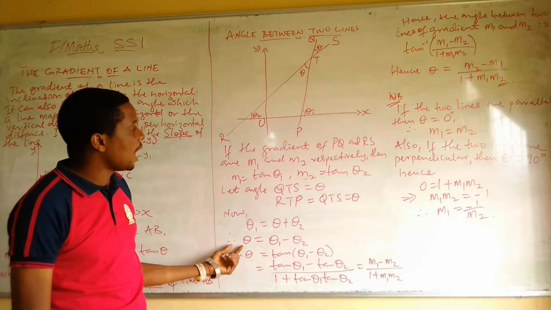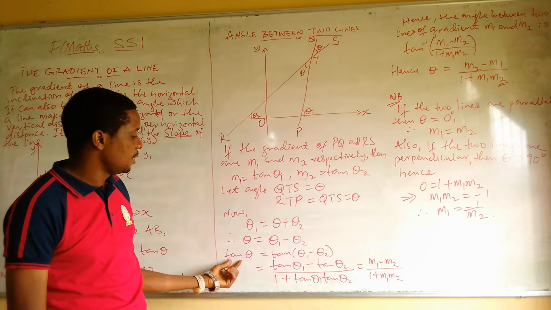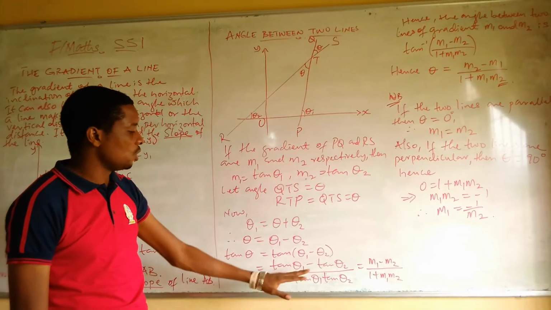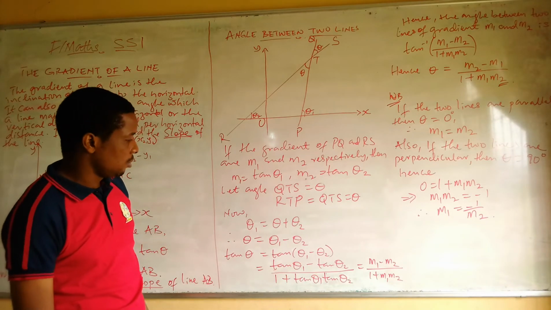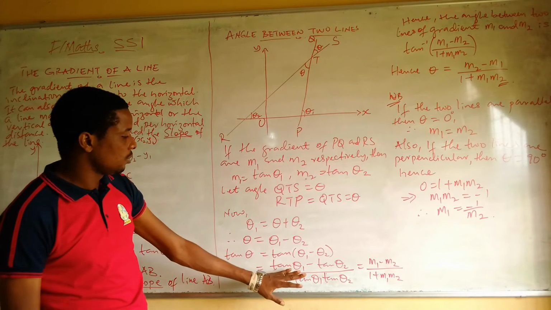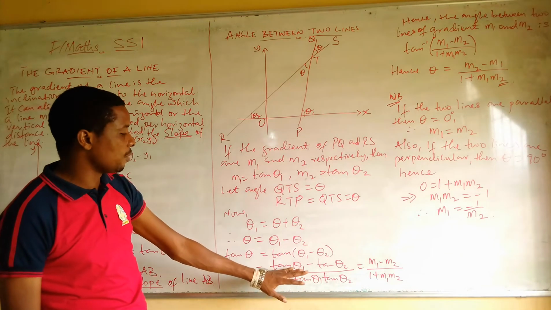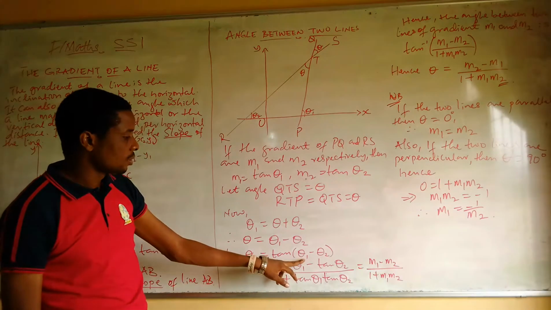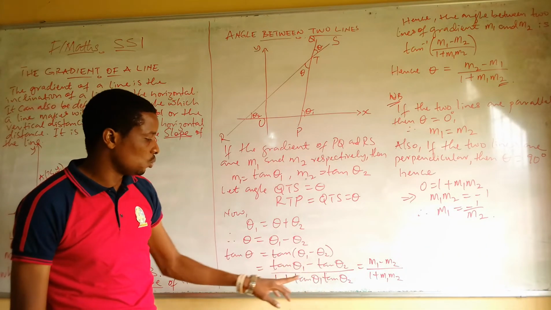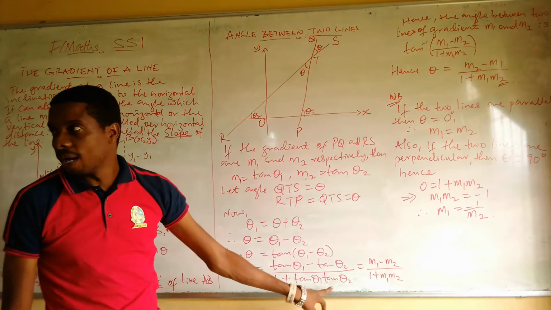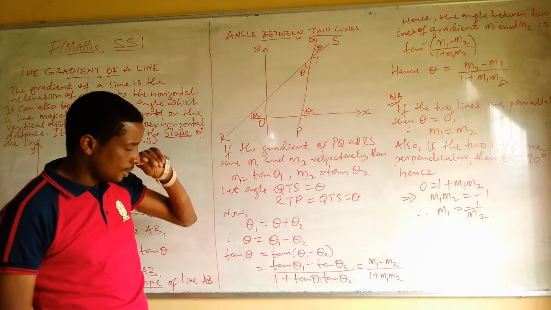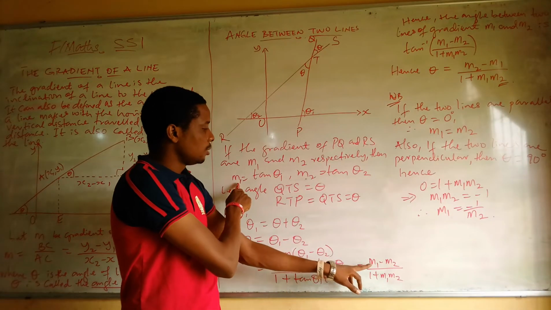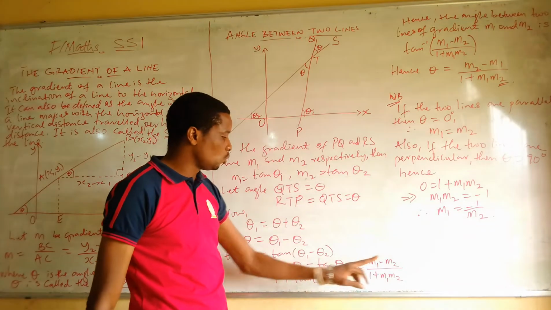So if we introduce our tan here, tan theta is now equal to tan of theta 1 minus theta 2. From your knowledge of sum of angles, angle formula, tan theta is equal to tan theta 1 minus tan theta 2 divided by 1 plus tan theta 1 tan theta 2. Then, what is our tan theta 1? We said it is M1. Then our tan theta 2 is M2.